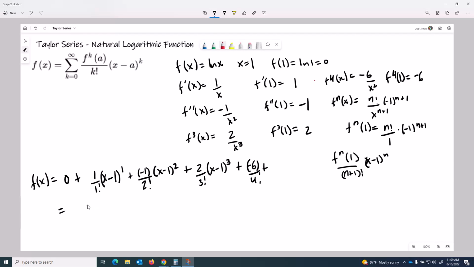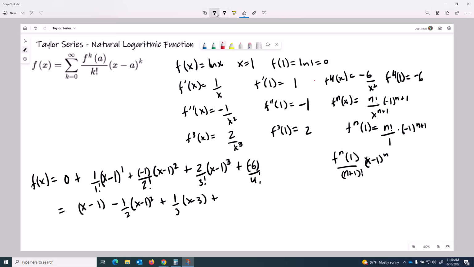If we go ahead and simplify, you're going to get x minus 1, then minus 1/2 times x minus 1 squared, then plus 1/3 times x minus 1 cubed, plus, okay, we missed this last one.